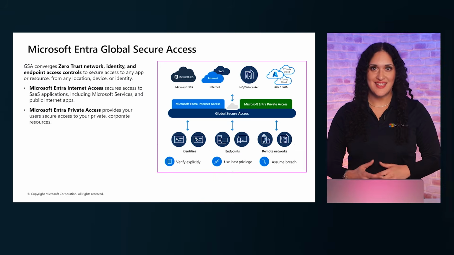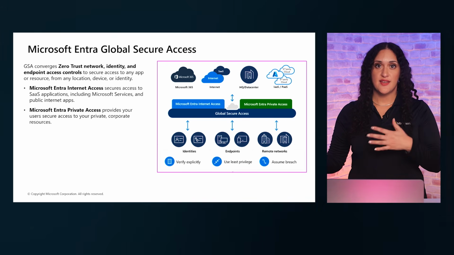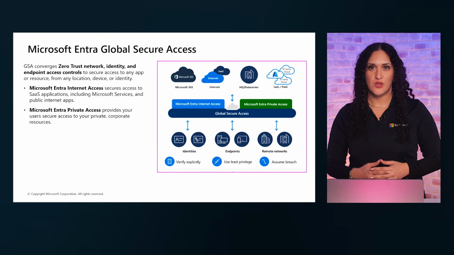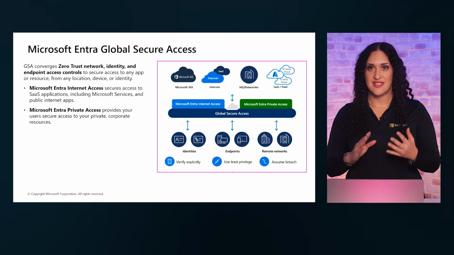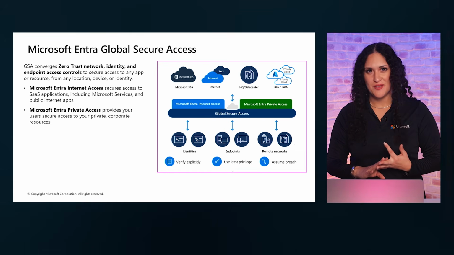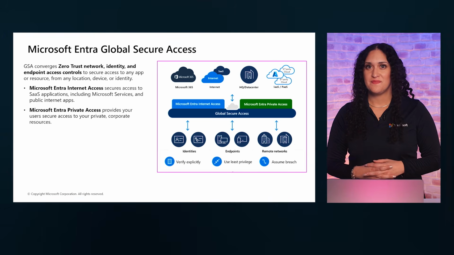Beyond conditional access, Microsoft Entra now extends protection beyond sign-in to how users actually reach apps and data. Microsoft Entra Global Secure Access brings together identity, network, and endpoint controls to secure access to any application or resource, from any location, device, or identity.